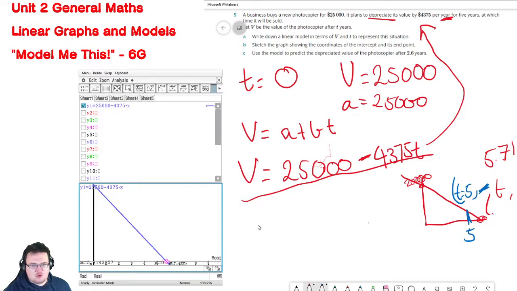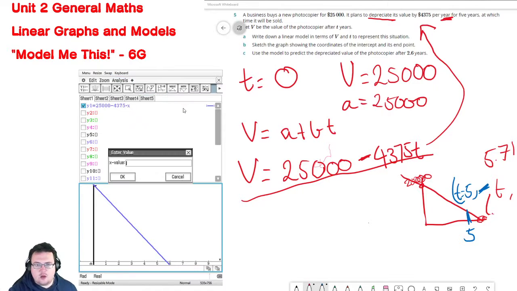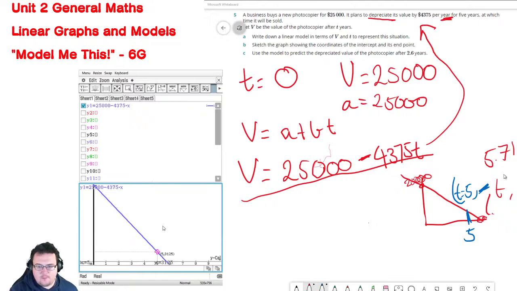On your CAS, we can go to analysis, gsolve xcal ycal. So ycal: what is y when x is 5? And it tells me right there, $3,125.